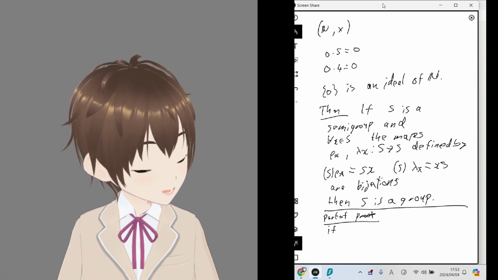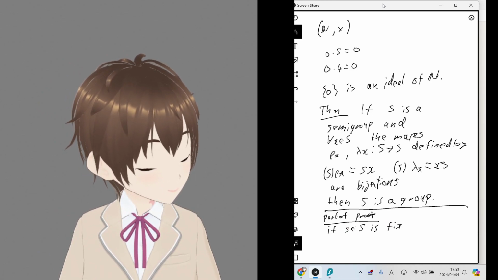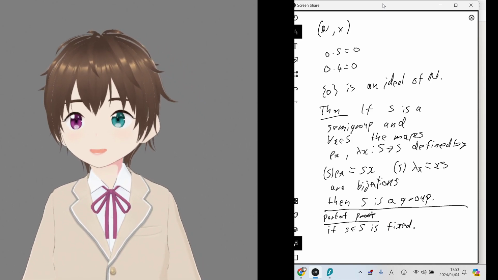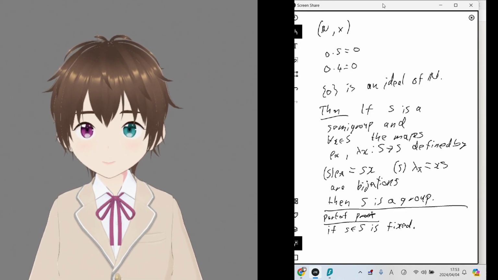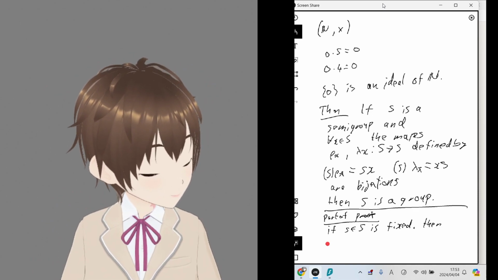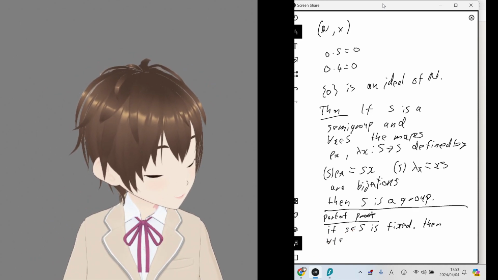So if s in S is fixed, then I know that for all elements of the semigroup, I have a bijection by translation.